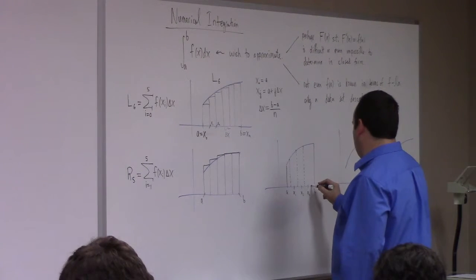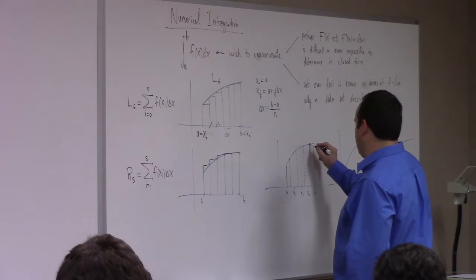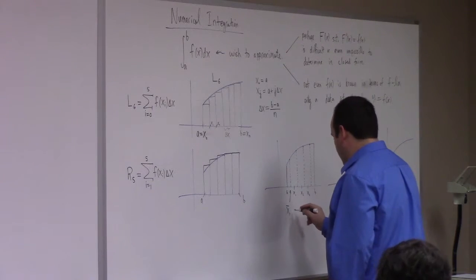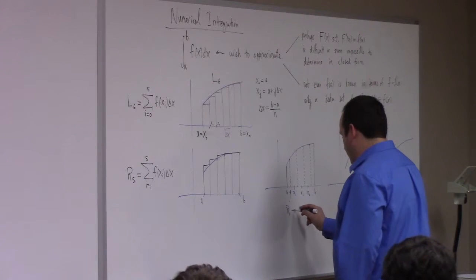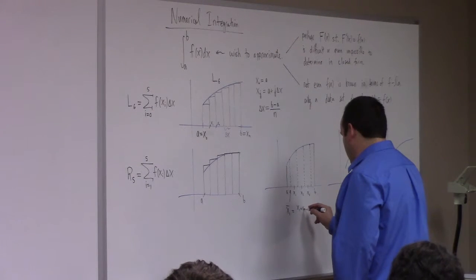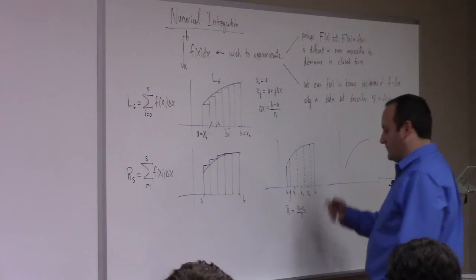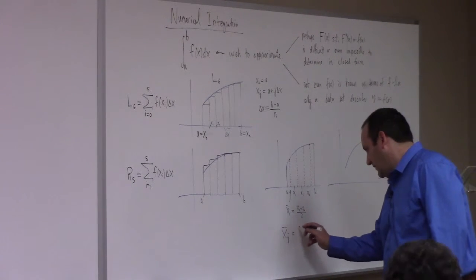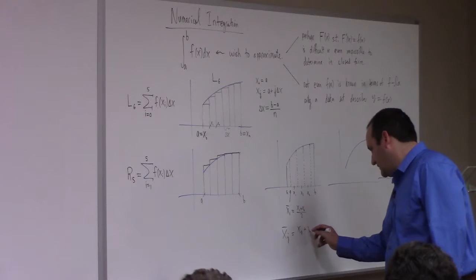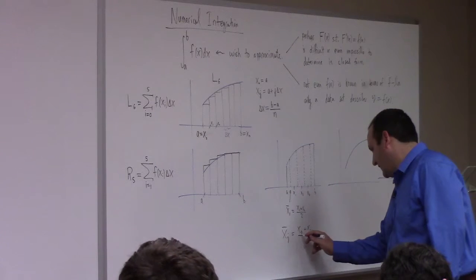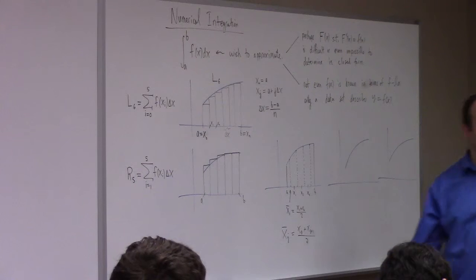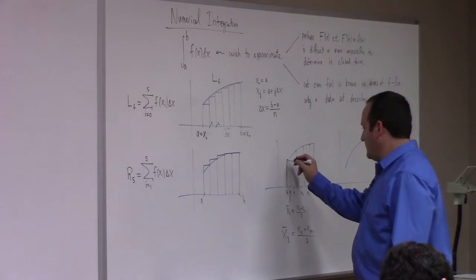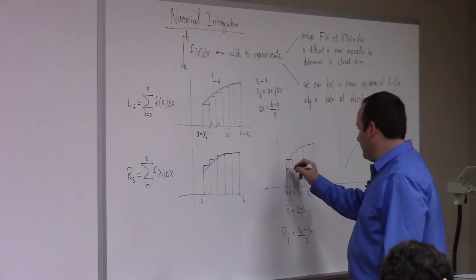I haven't memorized the notation in the book or anything. So this would be x1 bar, and x1 bar would be x1 plus x2 divided by 2. It's the midpoint. So in general, x bar j would be equal to xj plus xj plus 1 divided by 2, the midpoint. And so this gives us the so-called midpoint rule. We judge the height of each box by the midpoint.